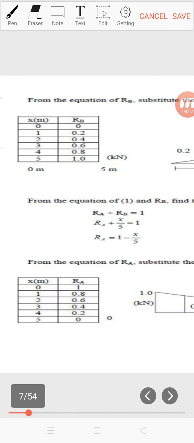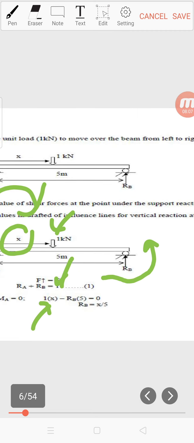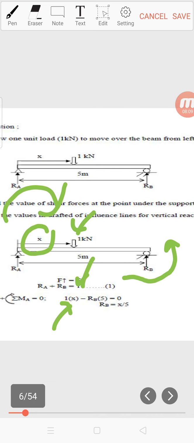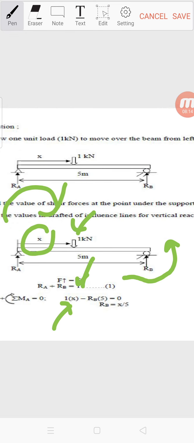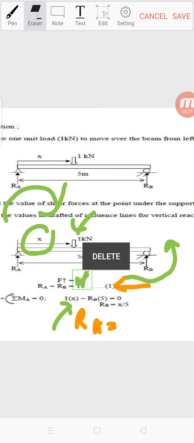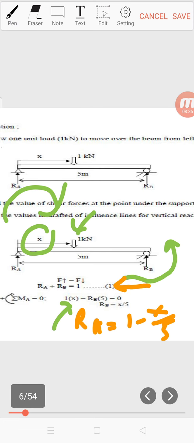Once we find RB equal to x over 5, we know from equation number 1 that RA is 1 minus RB, which is 1 minus x over 5.